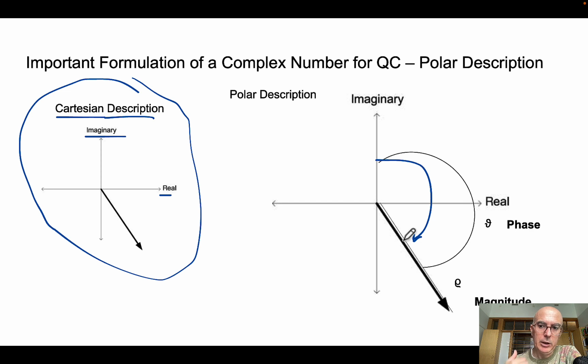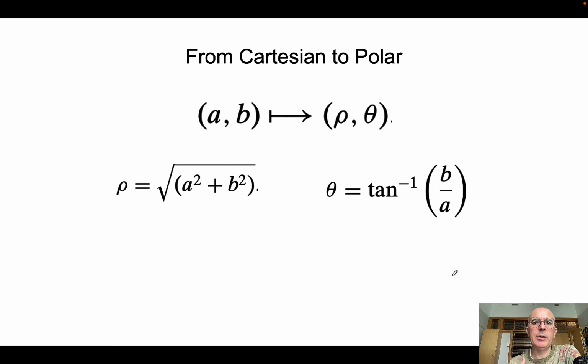So we still use a complex plane, but instead of using the x, y coordinates in this plane, we use two equivalent numbers to represent the same vector. To repeat, we're going to use an angle, theta, and then the magnitude that typically we call rho. So at any time we can switch from Cartesian description to polar description of the complex number.